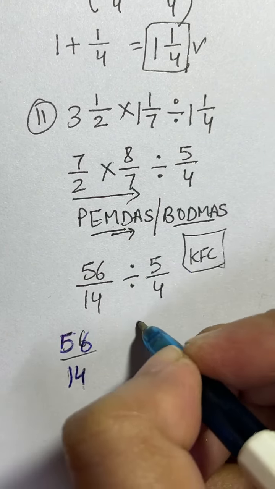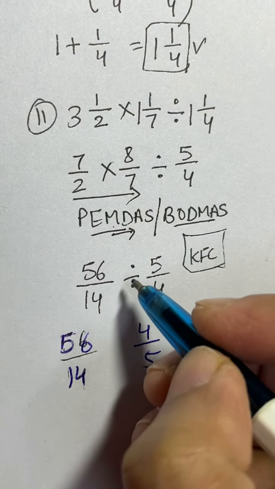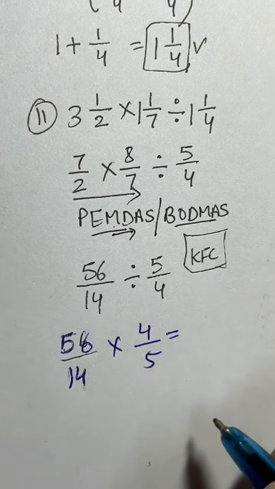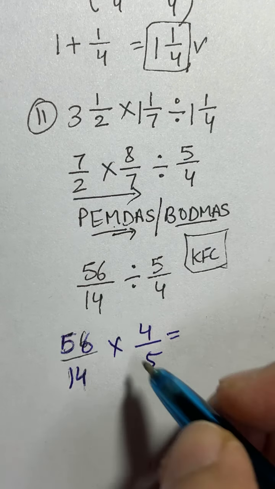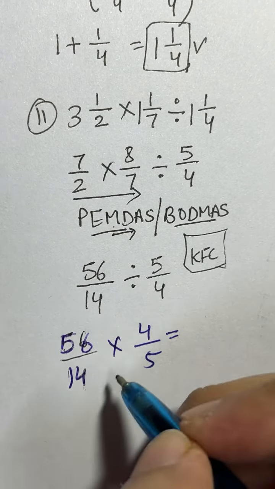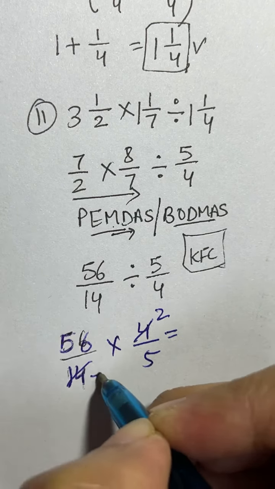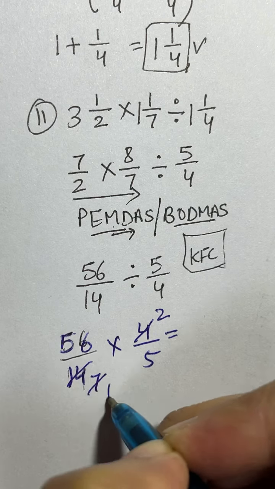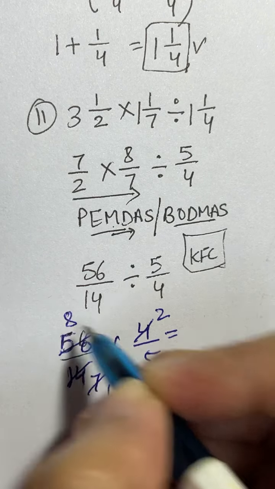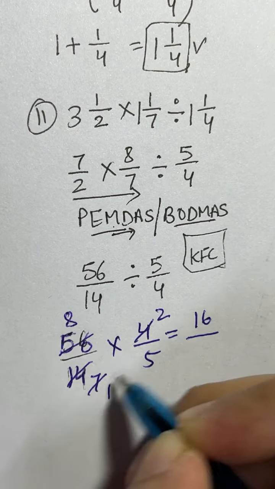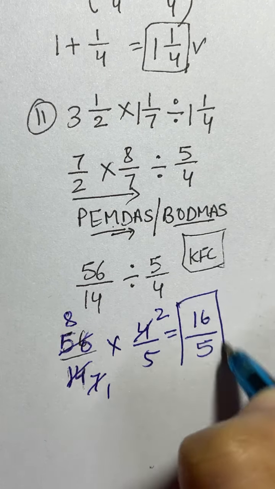Flip the second fraction, 4 over 5. Change the sign from division to multiplication. Now I'll just cross out things here itself and simplify. 2 times 2 gives 4, 2 times 7 is 14, 7 times 1 is 7, 7 times 8 is 56. So I have 8 times 2 is 16 over 5, and that's your answer.